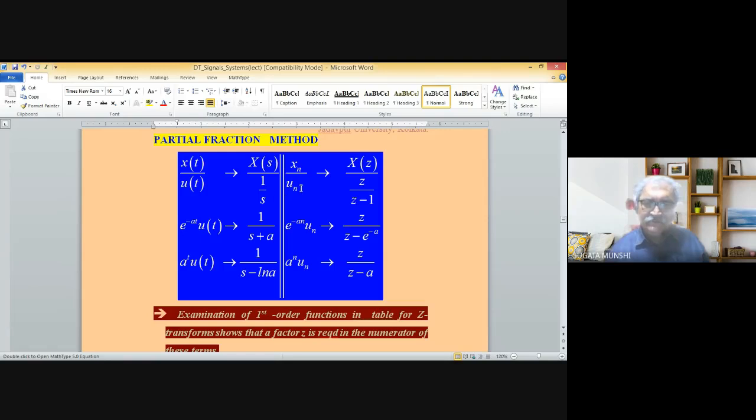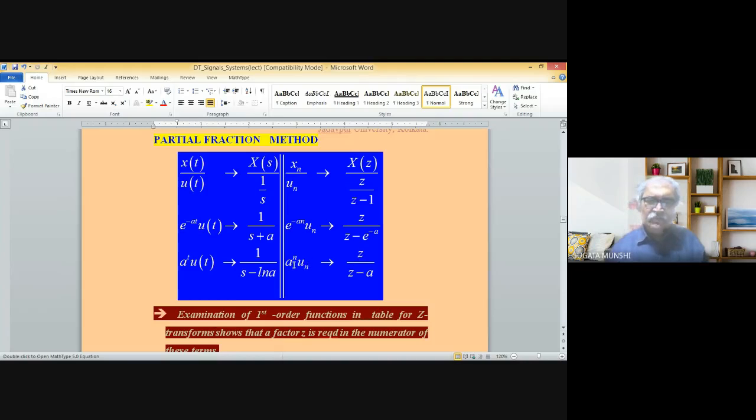The discrete time version has a Z transform z by z minus 1. In case of e to the power minus at u(t), the Laplace transform is 1 by s plus a. For the discrete time version, the Z transform is z divided by z minus e to the power minus a. a to the power t u(t), this is the Laplace transform. a to the power n u(n), that is the Z transform.